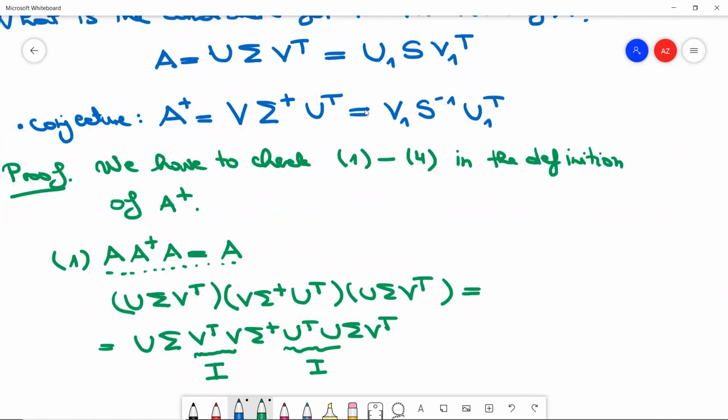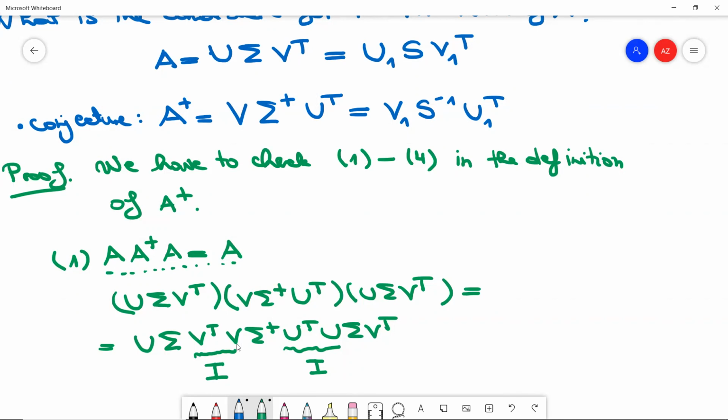If I already use the short notation U1 S V1 transpose, then here I will get V1 transpose V1, and V1 transpose V1 wouldn't be identity, because it has some zeros. So I would need to be a little bit more careful when doing this calculation.